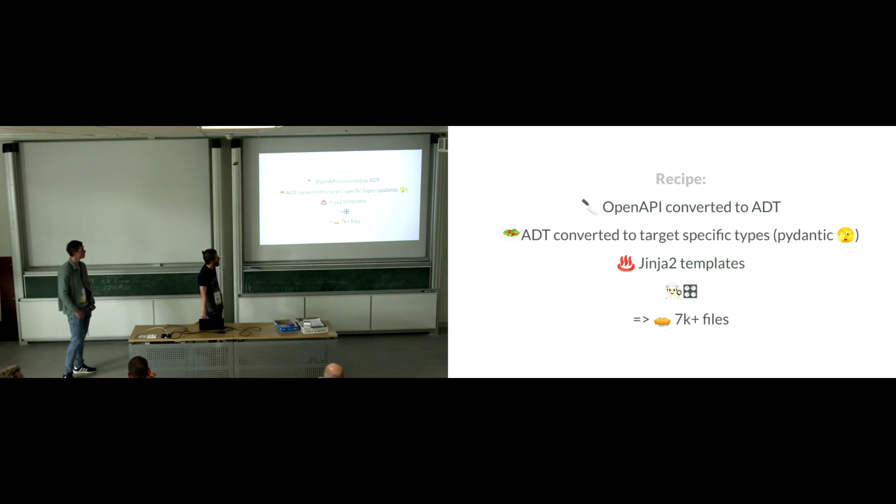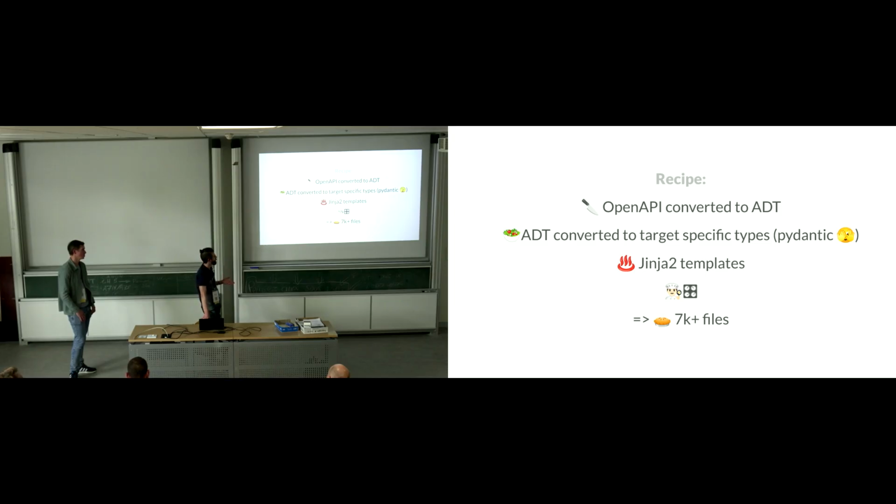So there are really quite ugly details of JSON schemas, so first I'm trying to convert them into something useful. And then I'm converting that ADT to target specific types, because again, a nullable type in different programming languages would also need to be covered differently.